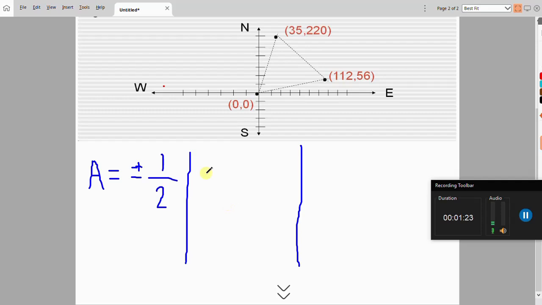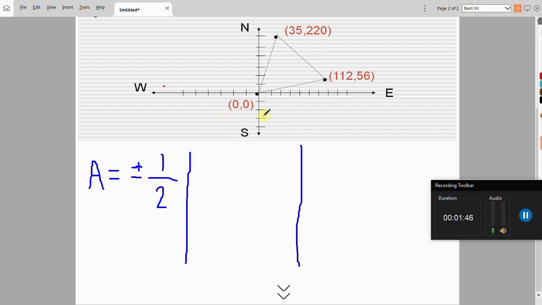The determinant will be the first point in the first row, second point, the third point. It's not about order. I can assume that (0, 0) is the first point, or (35, 220) is the first point, or this point is the first point. It's okay to assume whatever you want.